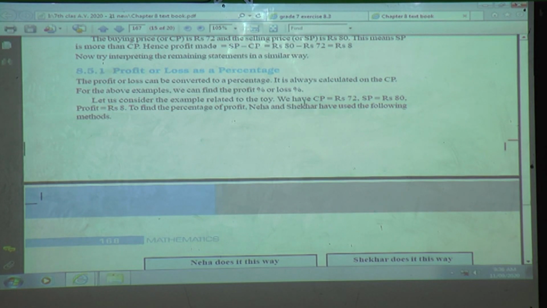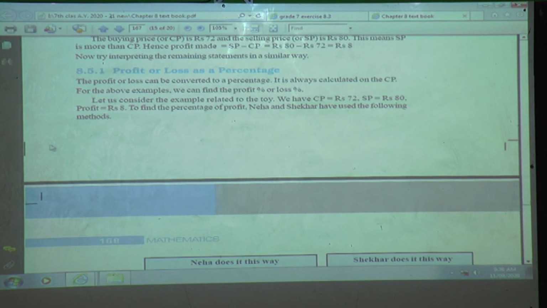So CP is equal to 72, which is given in the statement. SP is equal to 80, which is also given in the statement. So profit is equal to rupees 8, found by SP minus CP. To find the percentage of profit, Neha and Shekhar have used the following methods.